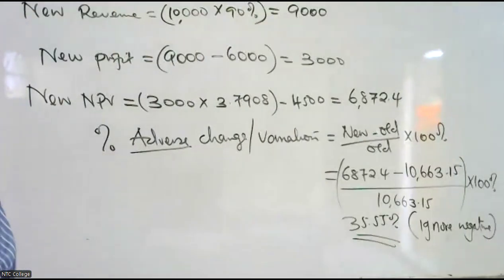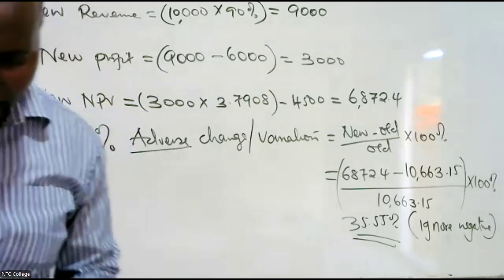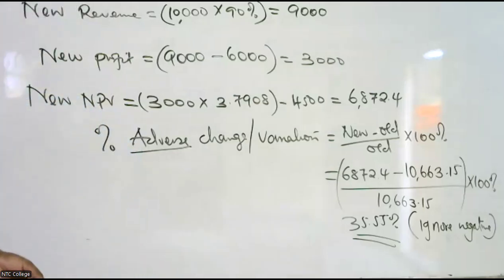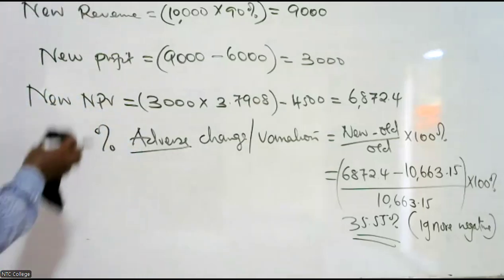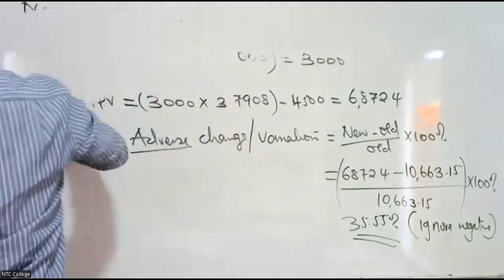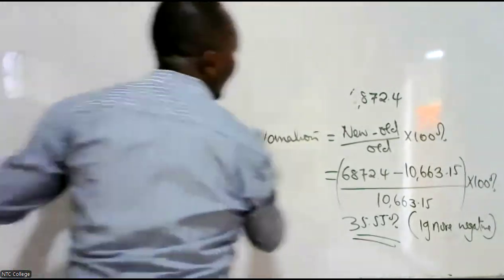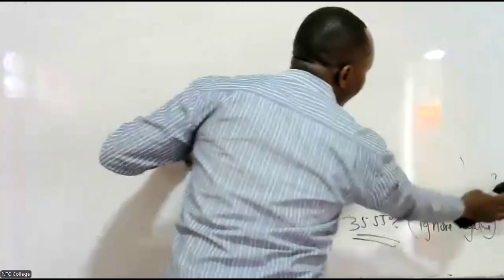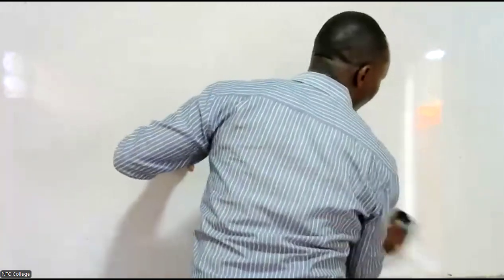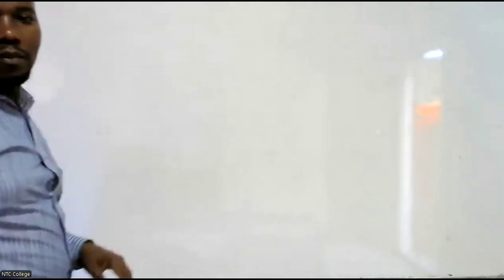Okay, so let's now look at another example. That is the sensitivity analysis of cost. So tell me the steps. How do we start? One, look at the impact when there is a change in cost. So tell me the process.